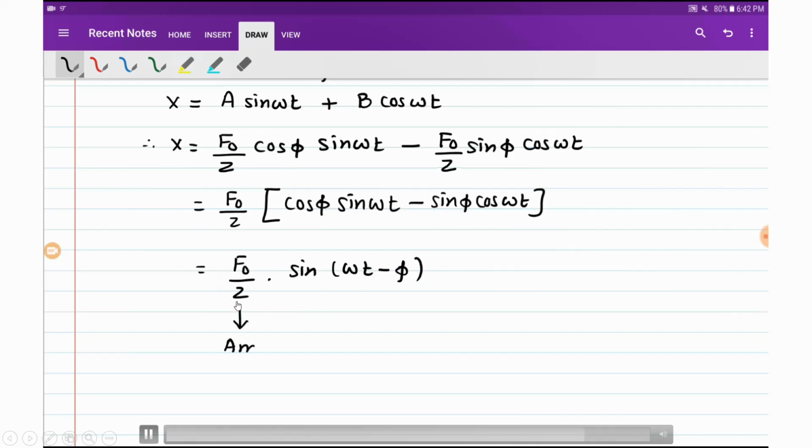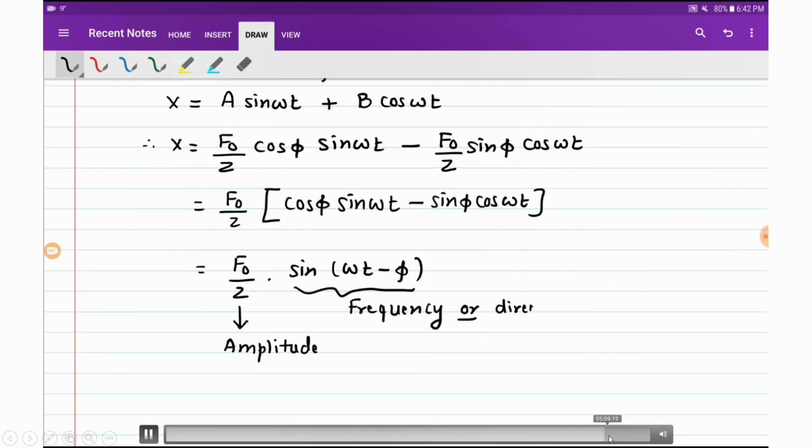So this first term represents the amplitude, which is dependent on the external force and its rate, and the second part is the frequency or direction of the motion. In this way we have represented x in terms of f0 and z. This is the form of the expression of simple harmonic motion, so amplitude and frequency.